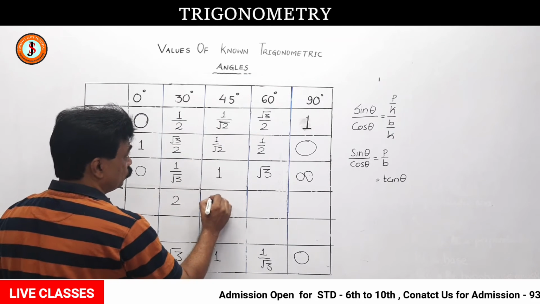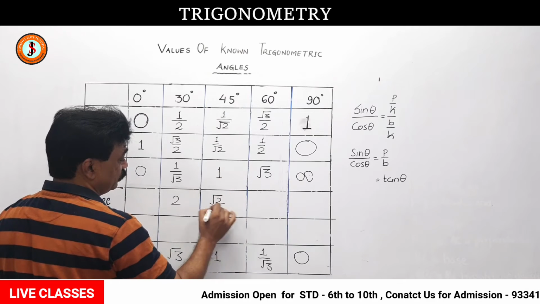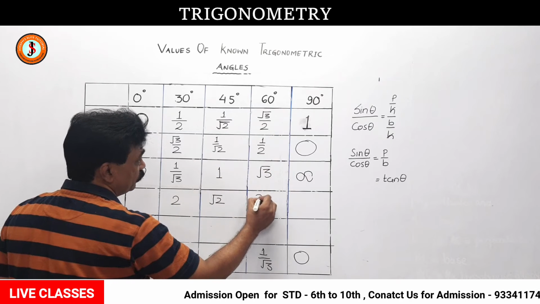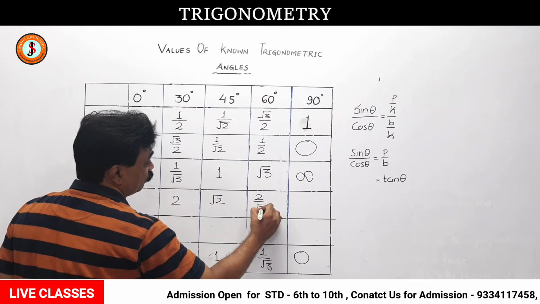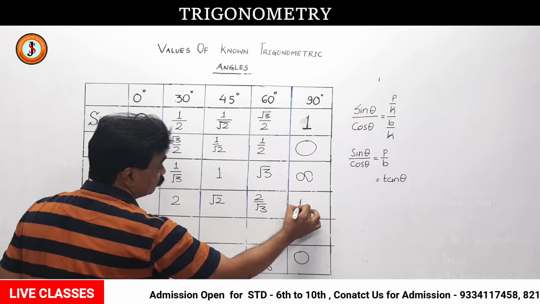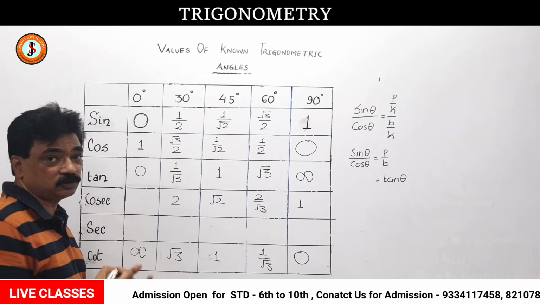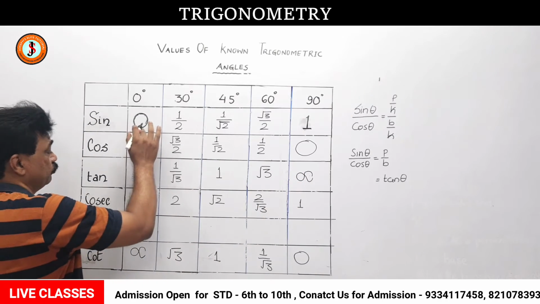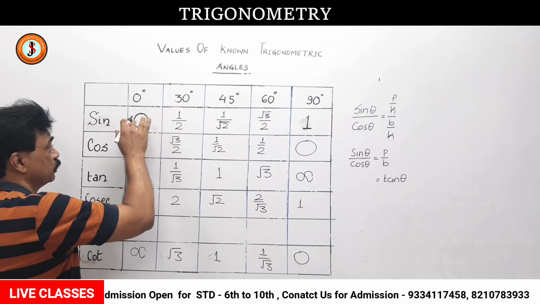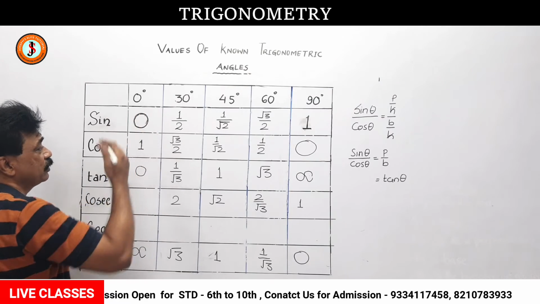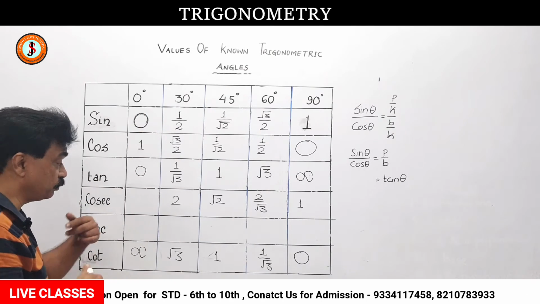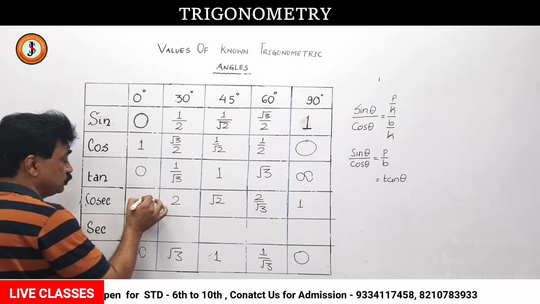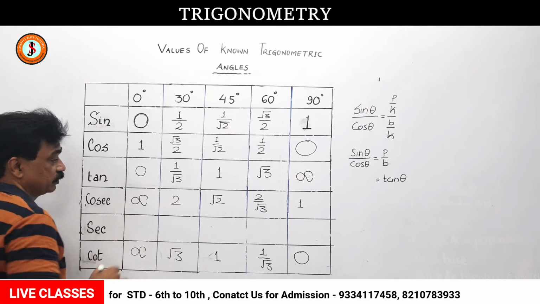This I write as 2 by root 3. Reciprocal of 1 also we know is 1, 1 by 1 if I reciprocate. Here there is a problem, cosec 0 and sine 0. Sine 0 is 0, I can write it as 0 by 1. So, if I reciprocate, then it becomes 1 by 0, which is undefined.